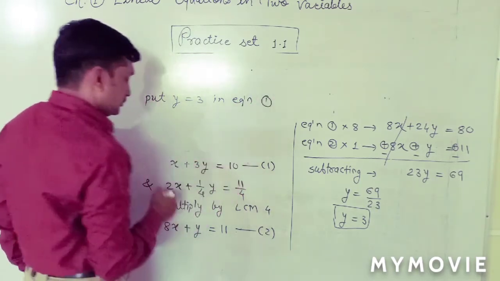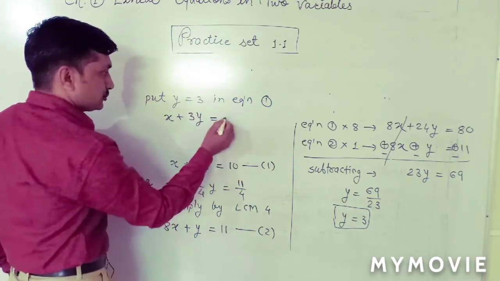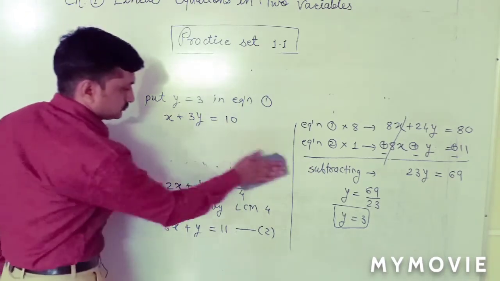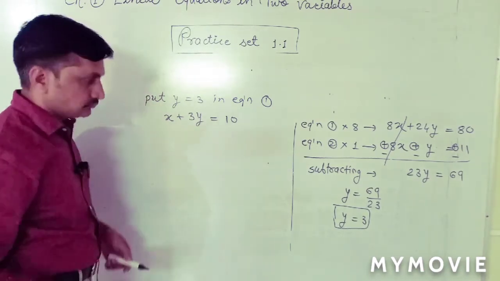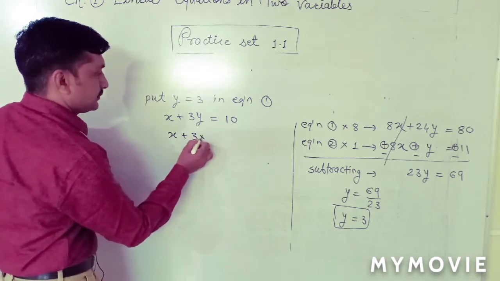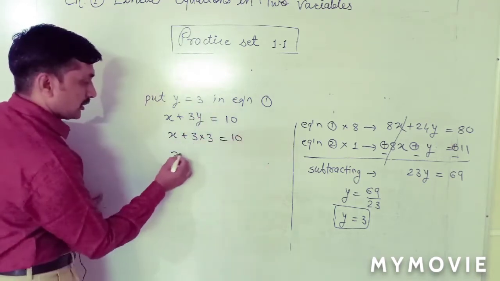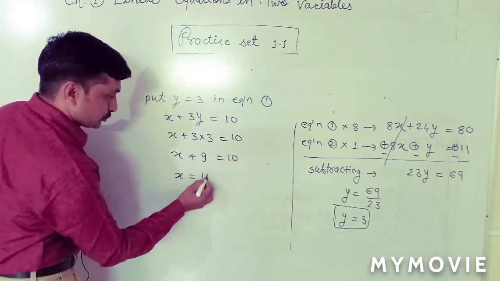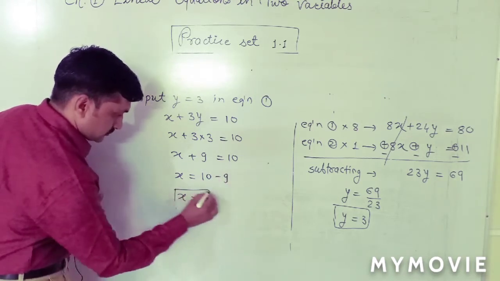Equation 1 we will put. x plus 3y is equal to 10. This is equation number 1. x plus 3 multiplied by the value of y, which is 3, is equal to 10. x plus 3 threes are 9 is equal to 10. x is equal to 10 minus 9. x is equal to 1.